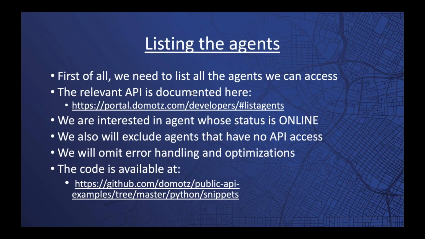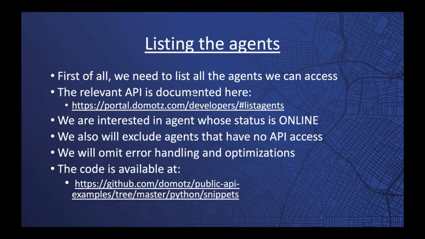We cannot get snapshots from offline or uninstalled agents, of course, and we will also exclude agents that do not grant API access. And in the following code, I will omit any error handling or optimization in order to keep the code smaller and easily understandable.